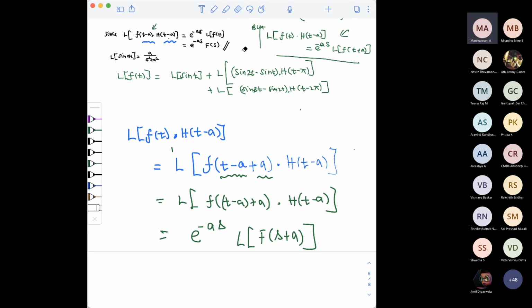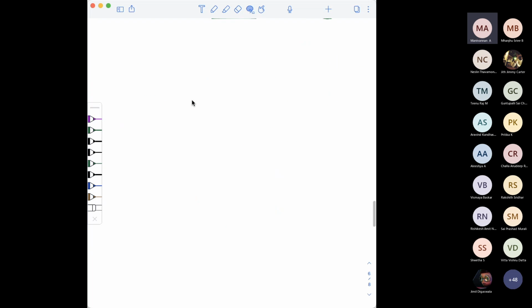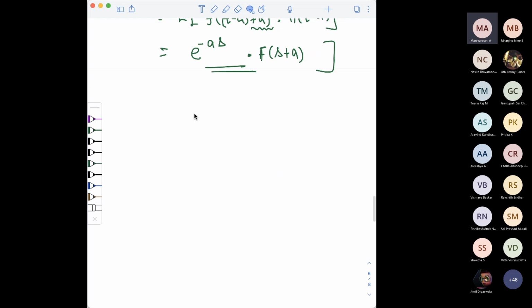Because for f of t we have f of s, but here this plus a is still there. So the Laplace transform of f of t h of t minus a gives this result: e to the power minus as into f of s plus a. Okay, now with this we just consider the given problem this way. This solution is very simple. In the last class also, I think one student suggested that.